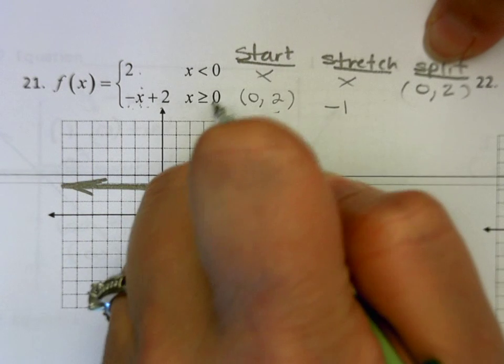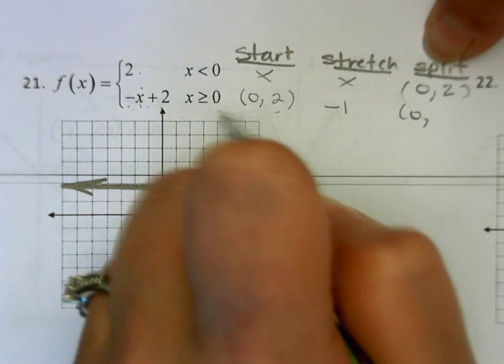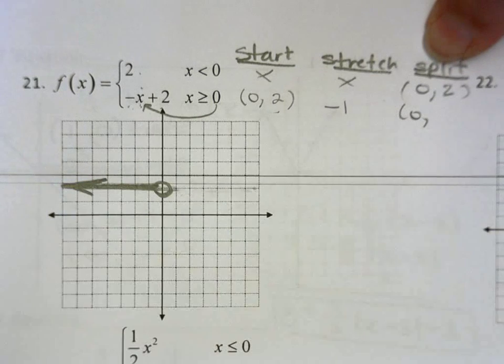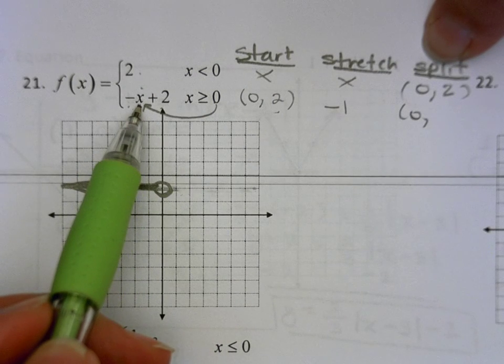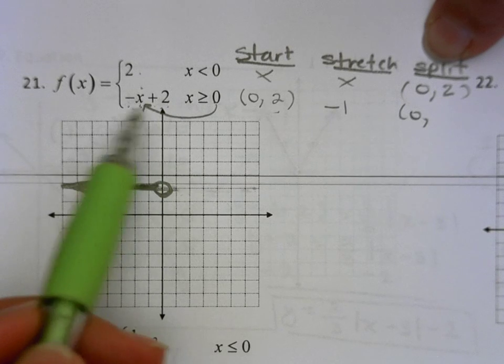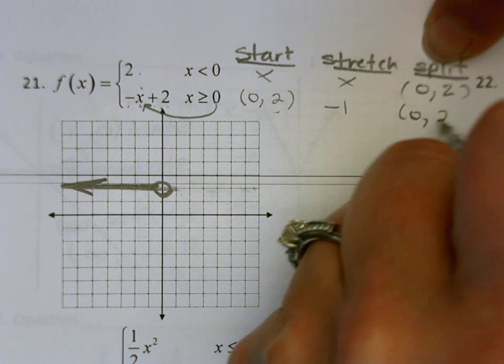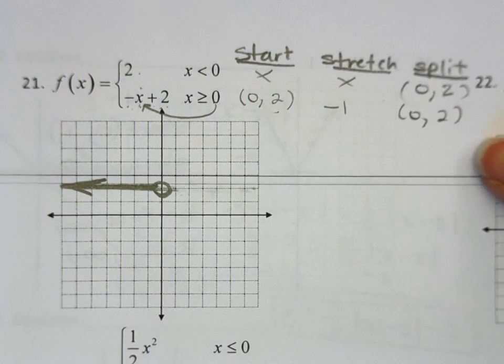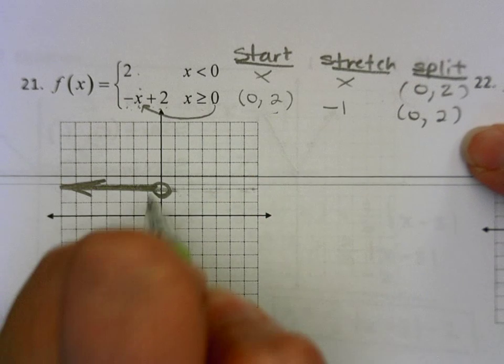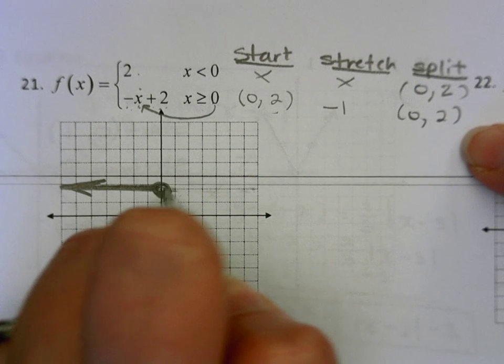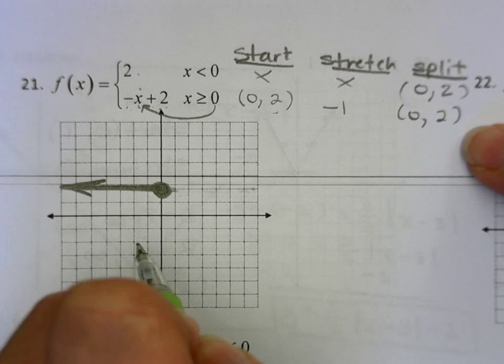I have to take the 0 and replace it in for x. So then that would be -0 plus 2. So that would be 0 plus 2, or 2. So it's the same place and equal. So over 0, up 2. So that means this will now fill in. Okay.